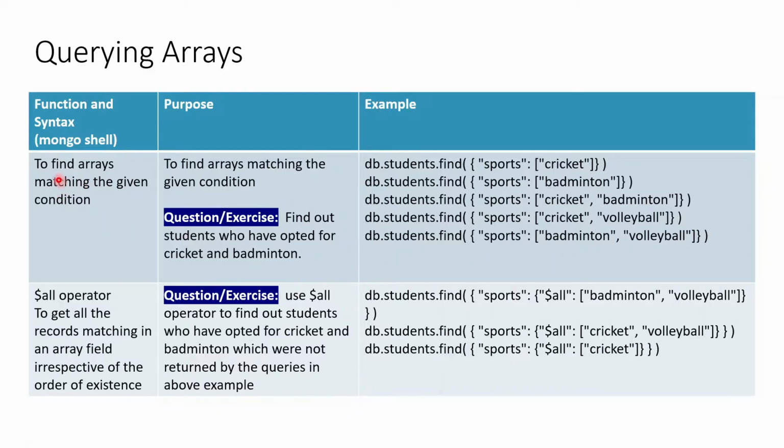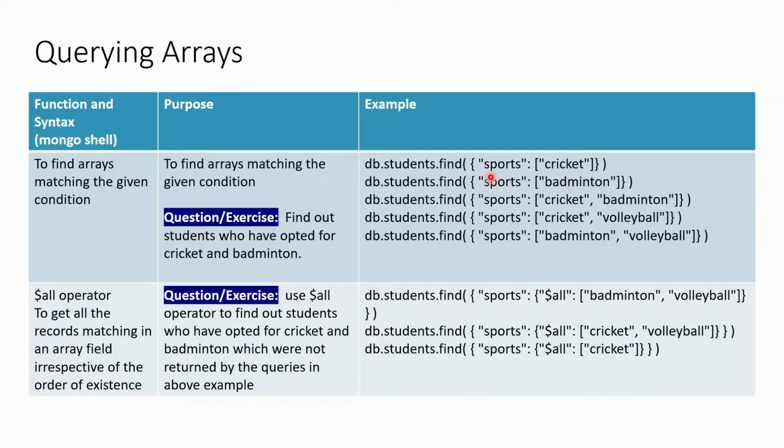So first of all, how to find the arrays matching the given condition, how to apply a condition on an array in a document. It is straightforward, assuming that sports is the key for an array. We can see that sports is cricket.